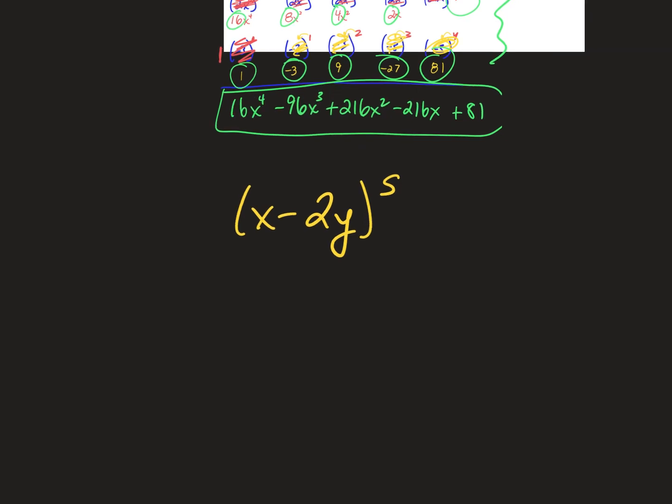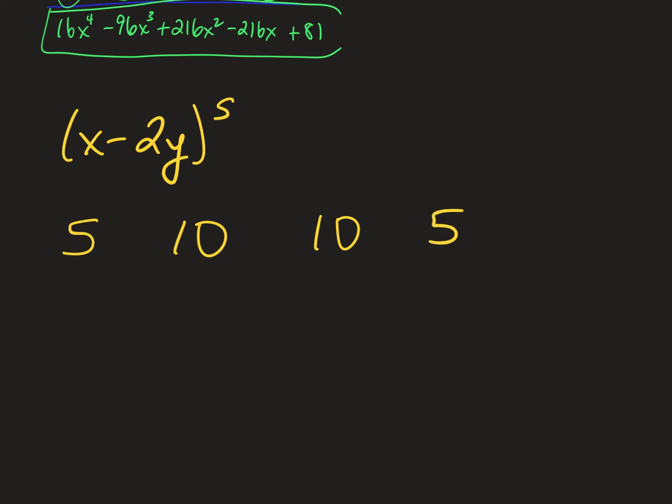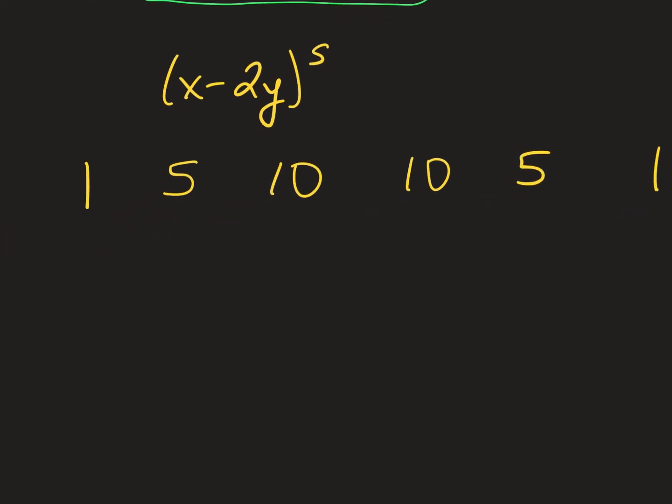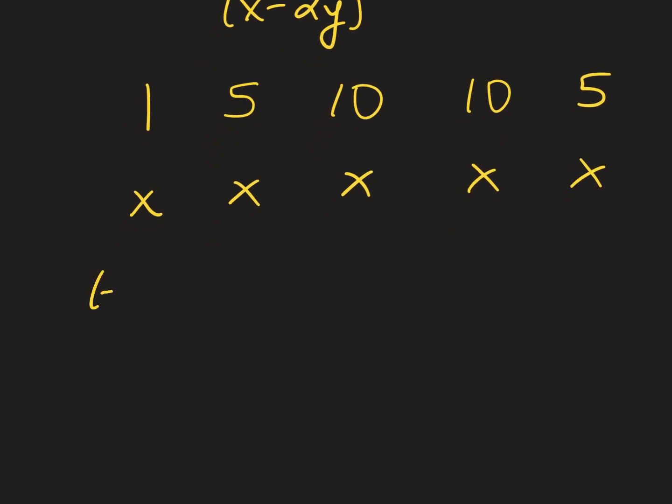So what is the 5th row? 1, 5, 10, 10, 5, 1. Correct? Okay. So now I write down what first? X, x, x, x, x, x. Now what do I write down? Negative 2y, okay?